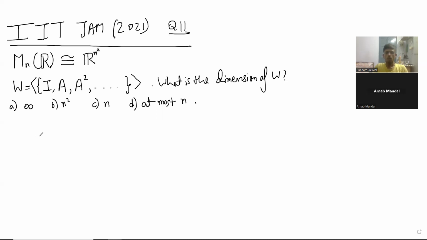We can also take A to the power n, no problem. And we can write it as c0 I plus c1 A plus c2 A square and so on.